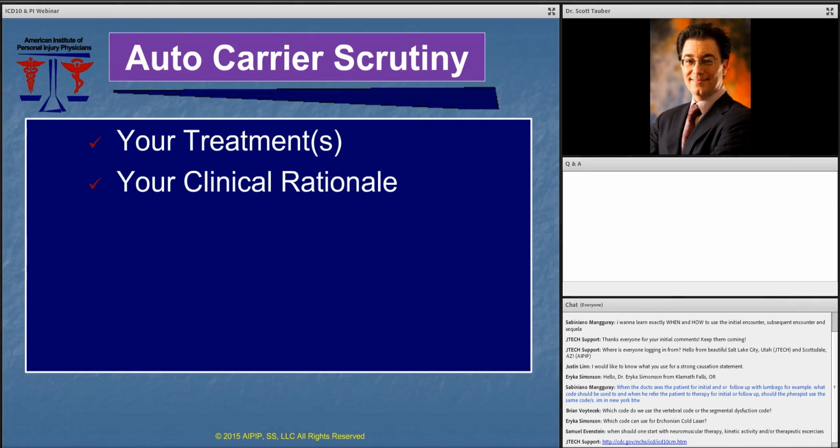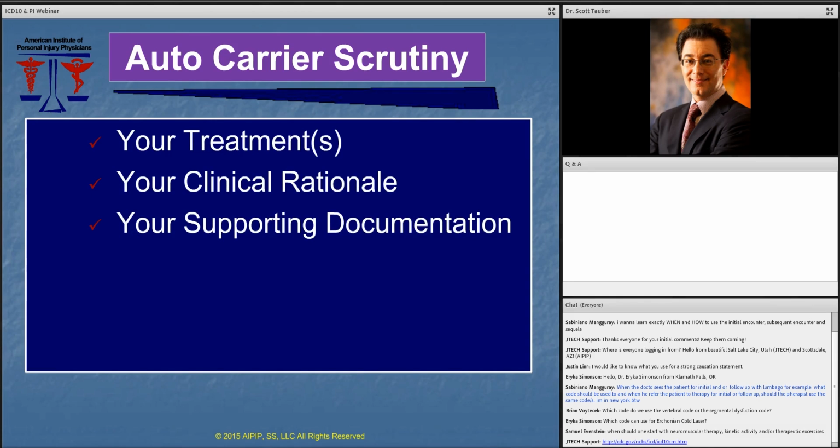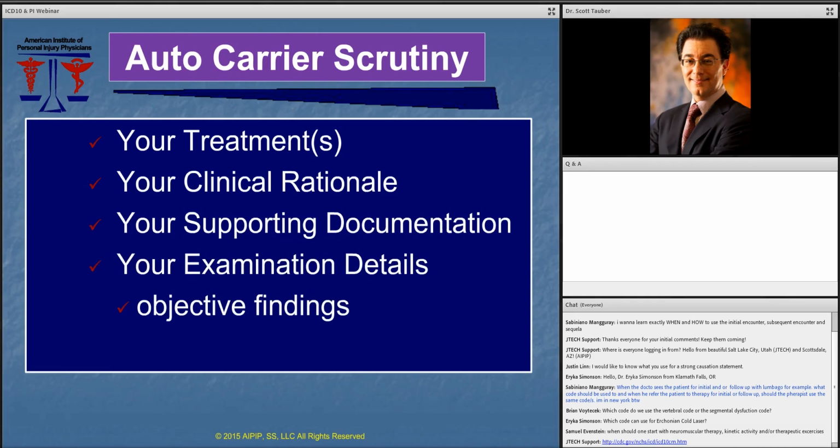Objective findings: what is truly objective? I want you to start thinking about that. Jot that down. Focus on objective findings. And then ultimately, what's going to be your diagnosis?